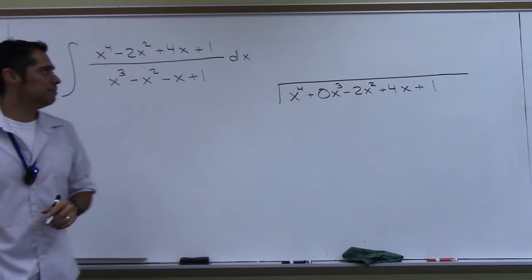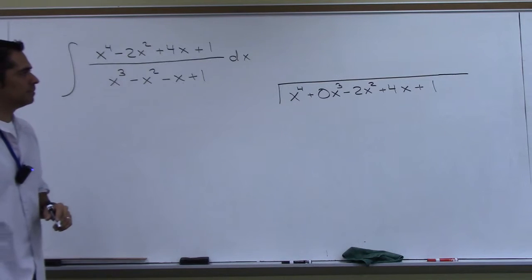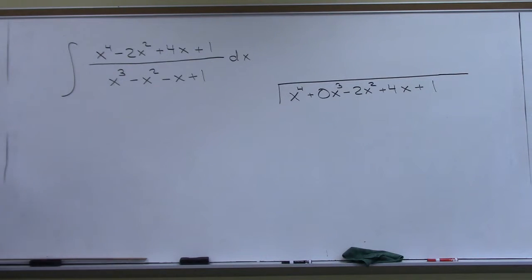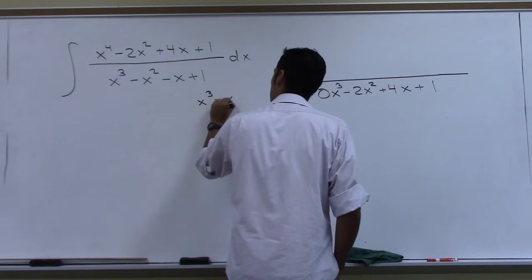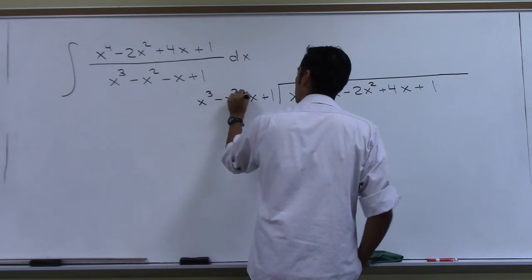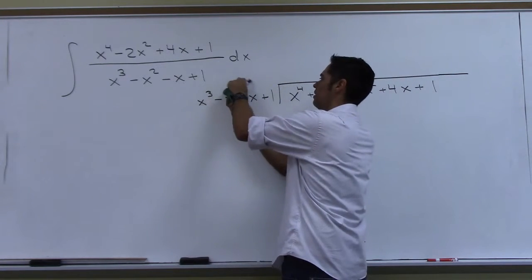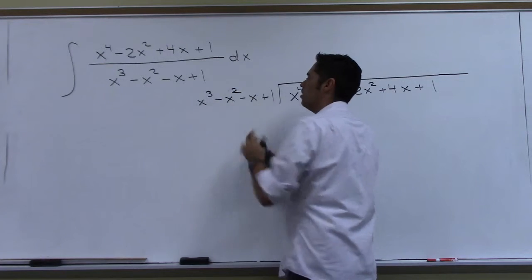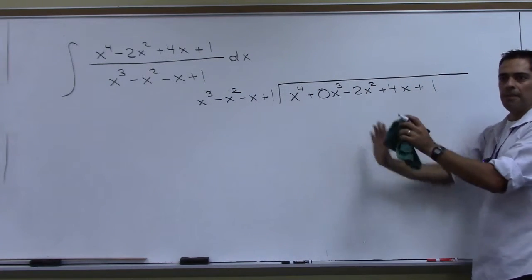That's my numerator. And then x cubed minus x squared minus x plus 1 goes out here. If you're missing x terms in the divisor, you do not have to put spaces out here. It's more for in here, for keeping things lined up.